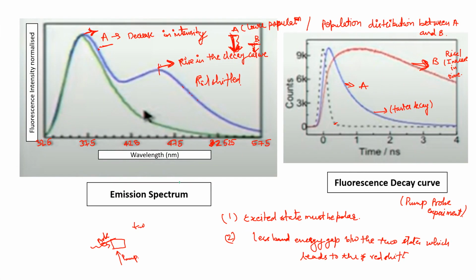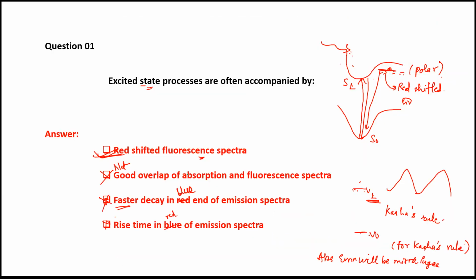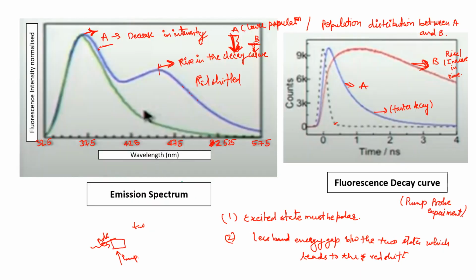Now, for the first question, we discussed how the excited state processes are related with the change in the fluorescence spectra, or the difference in the emission of any molecule as compared to the ideal case, and how it can be studied: by the emission spectrum and by the fluorescence decay curve.